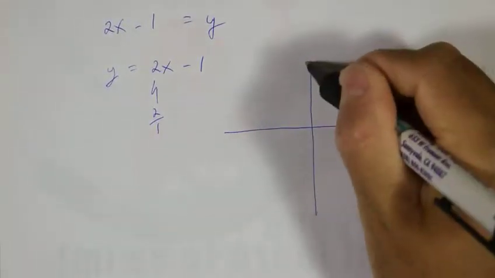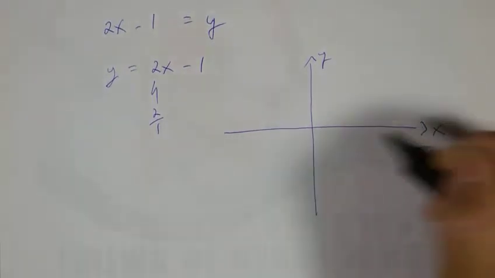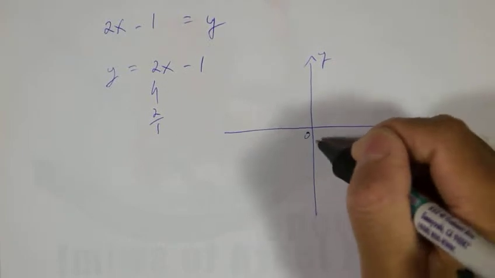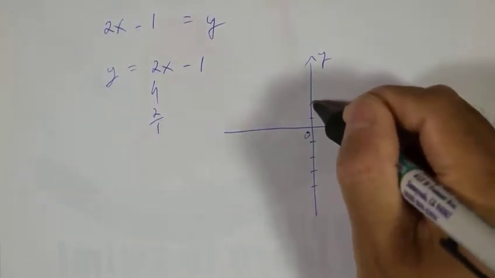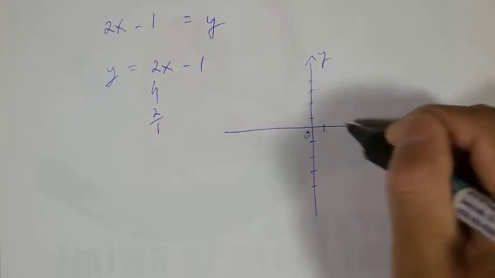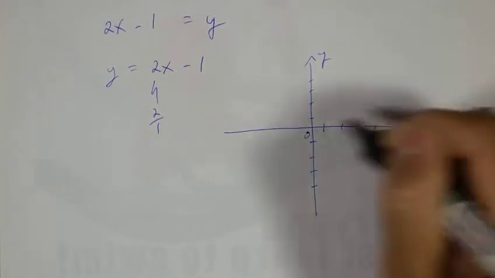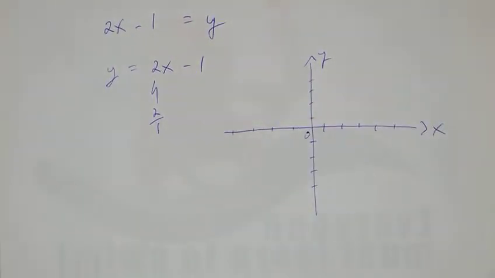I'm going to do a sketch for you. y is the vertical axis, x is the horizontal, 0 in the middle, the origin. So I have minus 1, minus 2, minus 3, minus 4, and so on, and then 1, 2, 3, 4, and then same thing on the horizontal axis, 1, 2, 3, 4, 5, minus 1, minus 2, minus 3, minus 4, and so on. Alright?